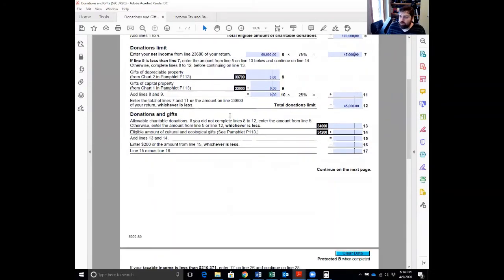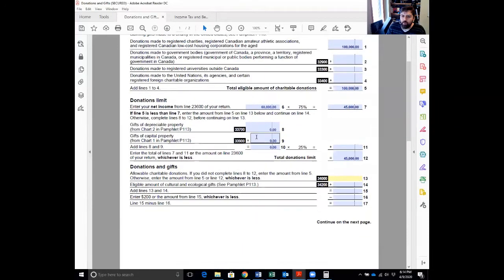Okay, allowable charitable donations. So our donation gifts, sorry. If you did not complete lines 8 to 12, enter the amount from line 5. Otherwise, enter the amount from line 5 or line 12, whichever is less. 45,000 is less.